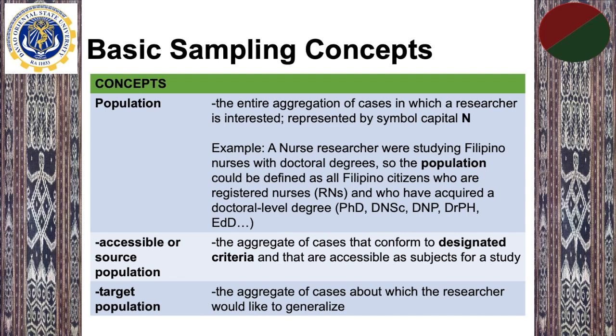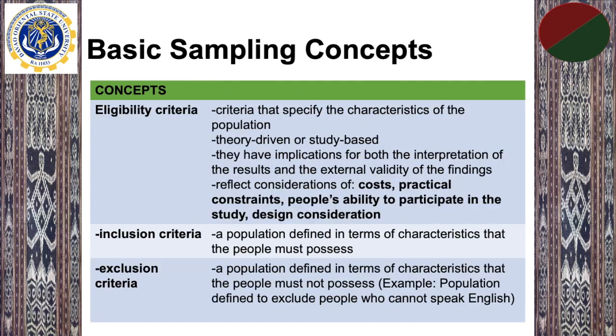When we talk of accessible or source population, this refers to the aggregate of cases that conform to designated criteria or attributes or characteristics that are accessible as subjects to the health researcher. Whereas target population refers to the aggregate of cases about which the researcher would like to generalize. It means not all of the target population is accessible or source population.